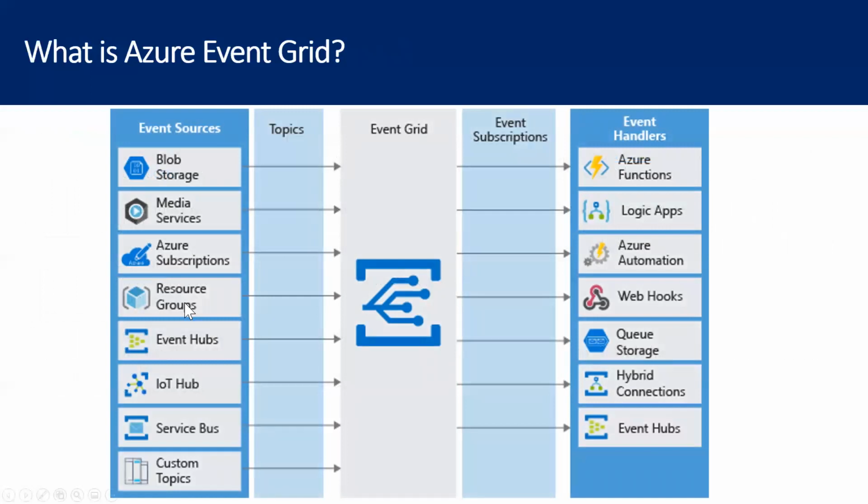In this diagram, you can see the event is generated by any cloud services or on-premise services. Sorry, cloud services are generating the event. It could be the completion of some activity, or some trigger, audit, any messages generated by these Azure services, which will be sent to Event Grid.